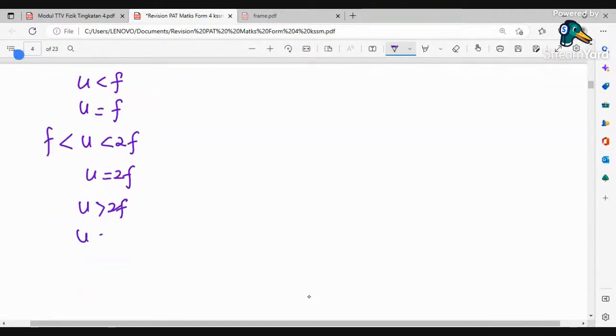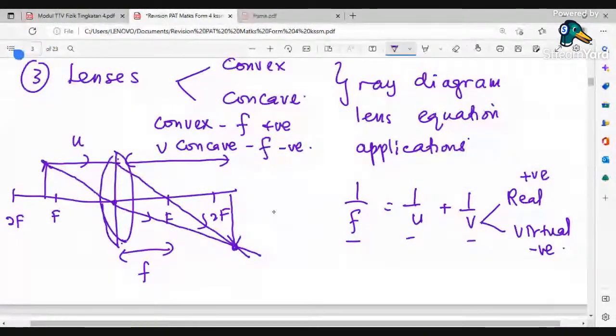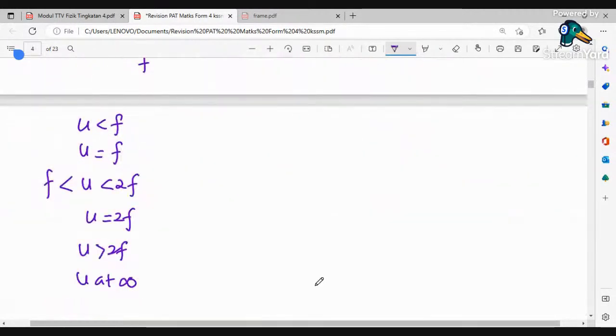U at infinity means very far from lens, okay? Jadi position ini represent object distance, okay? Object distance, mana you letak? Okay, if you put here means U equals F. If you put here, U less than F. If you put between F and 2F, itu maksudnya U. So different U will give different type or characteristic of image formed. Saya ingat senang saja boom boom.